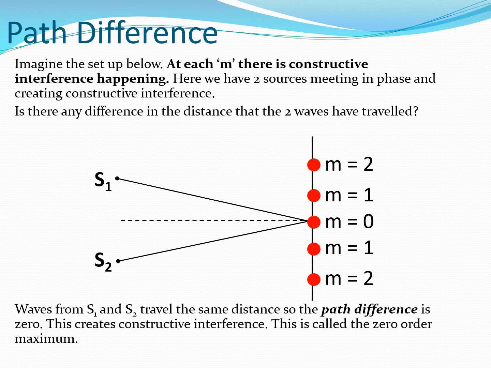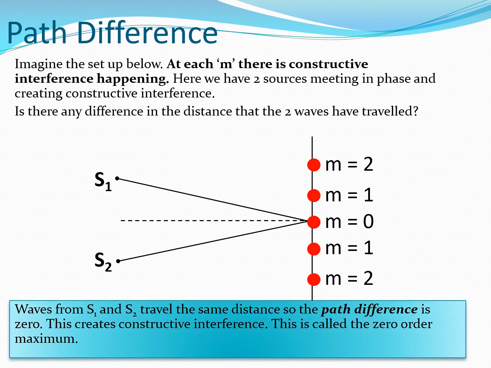Therefore, I'm looking at the bottom paragraph now, the waves from S1 and S2 travel the same distance. So we say that the path difference is 0.